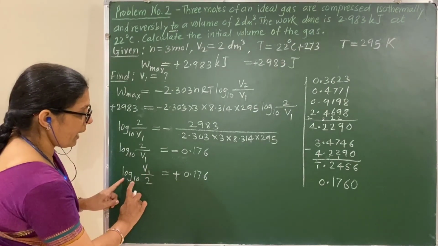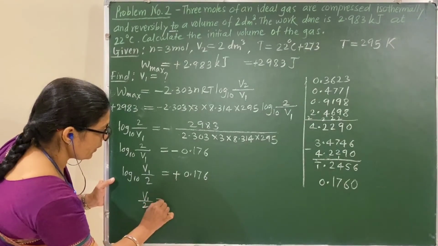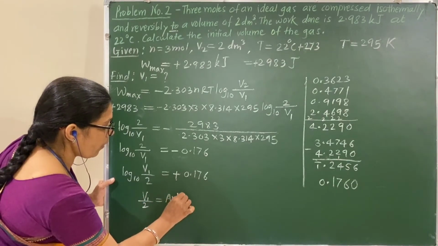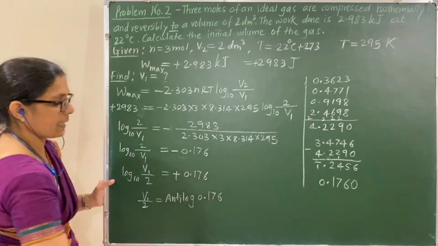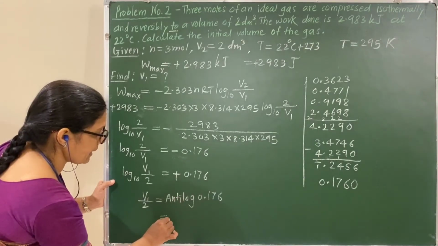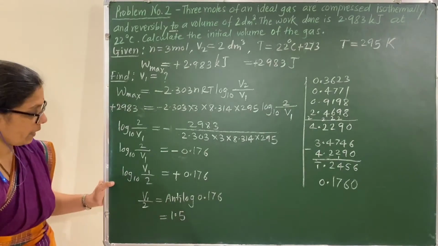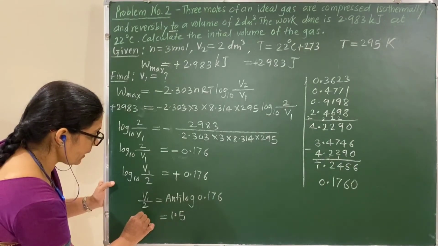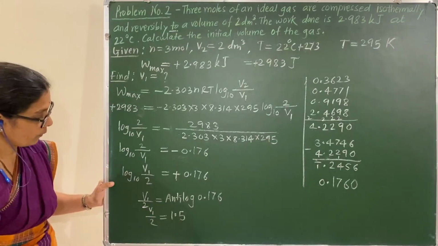Now, multiplied by antilog on both sides. That is, V1 upon 2 is equal to antilog of 0.176. Antilog of 0.176 is 1.5. Okay, that is V1 upon 2 is equal to 1.5.